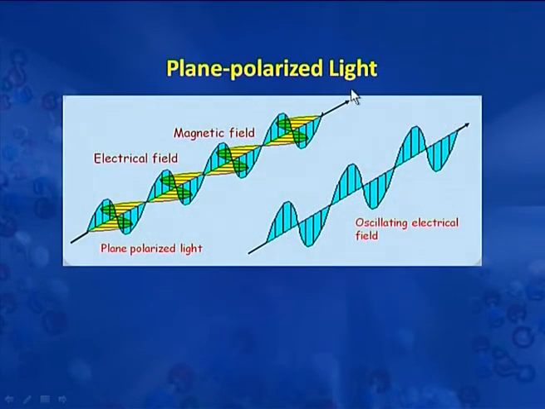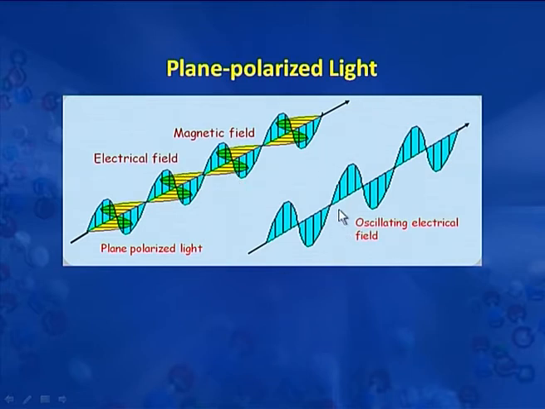Plane polarized light we can show like this also, because each ray will have its two components, magnetic field and electrical field, and they are at 90 degrees to each other. So, they oscillate in a plane, like this is the oscillating electrical field in this plane, then its magnetic field is in a plane which is perpendicular to it, shown in yellow color here, which is like in horizontal plane here.